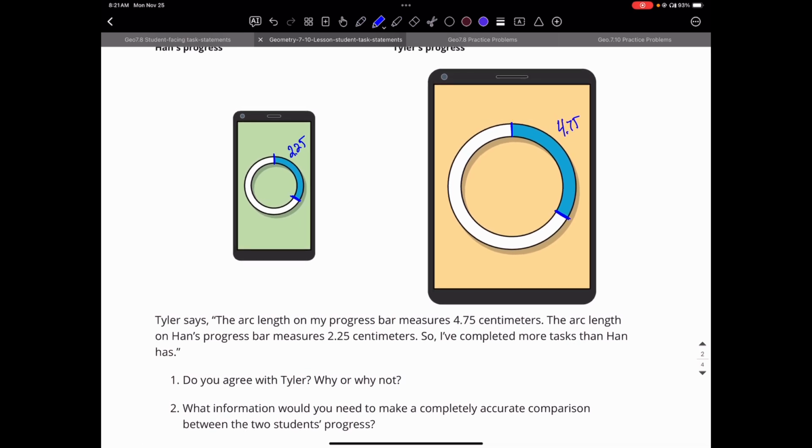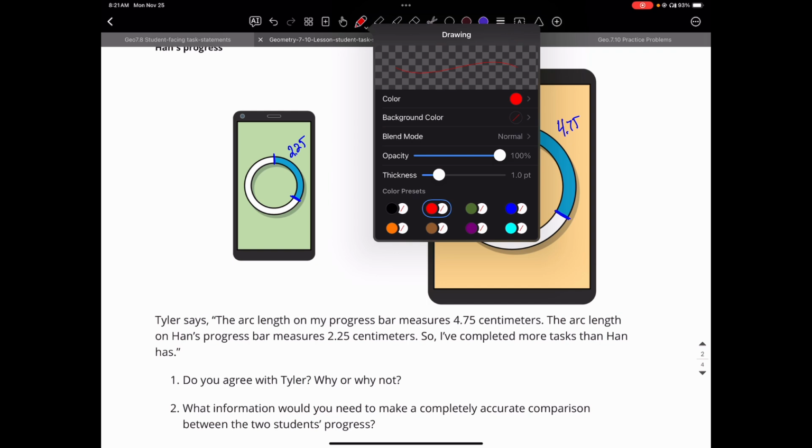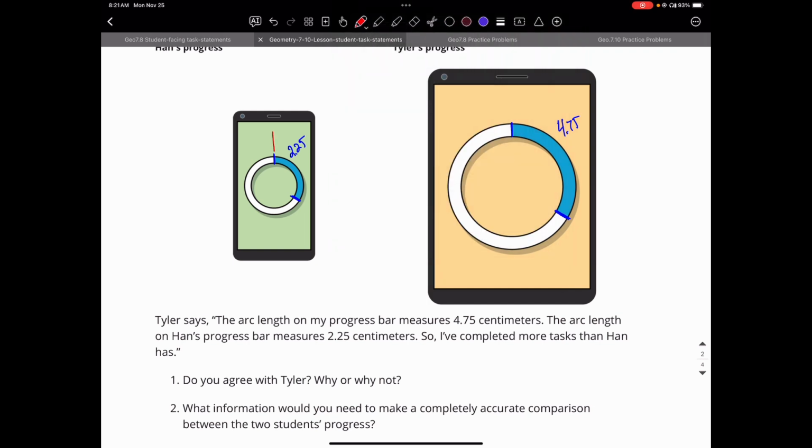Well, basically, I'm just going to draw some more lines here. Let's use red. Here's the center. You need to know what that length is, that radius.